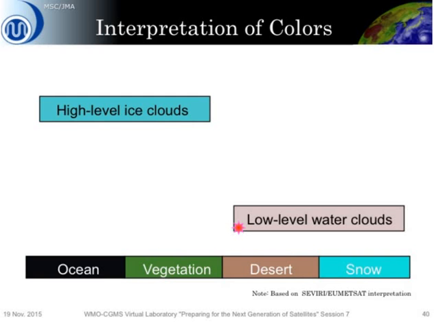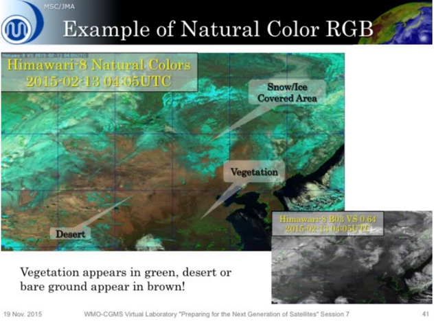And this color shows low-level water clouds, and this color shows high-level ice clouds. Here is an example of natural color RGB. You can see from this image, vegetation appears in green, desert or bare ground appears in brown, and this area is covered by snow or ice.